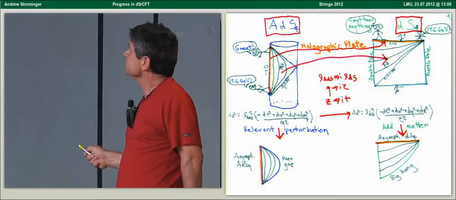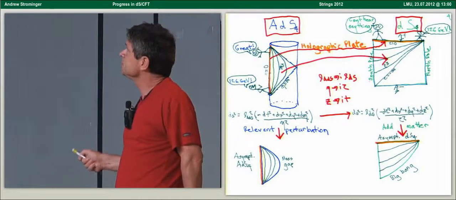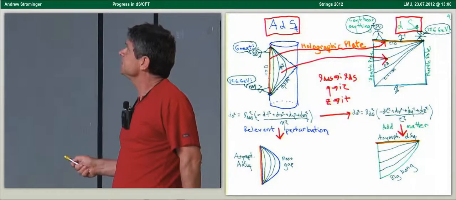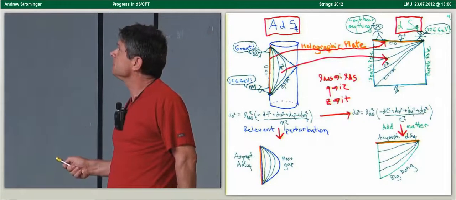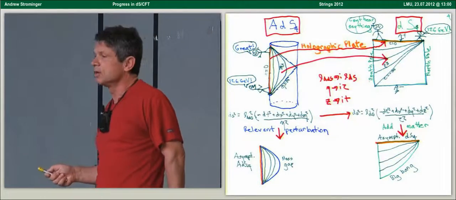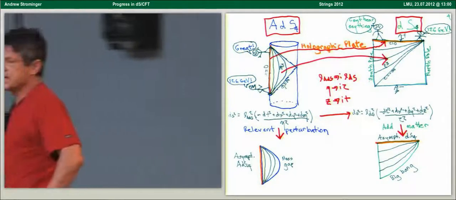And we see that this picture here is this picture turned on its side, so that the Big Bang in de Sitter space should somehow be related to, or be the de Sitter analog of, the creation of a mass gap in anti-de Sitter space.